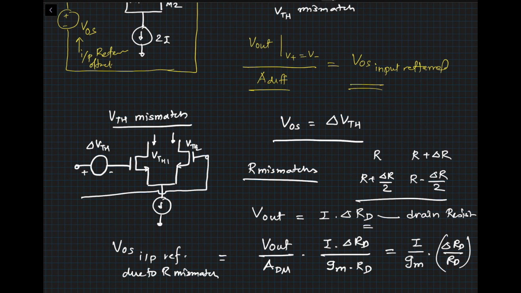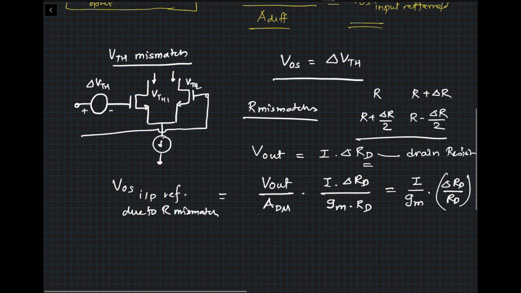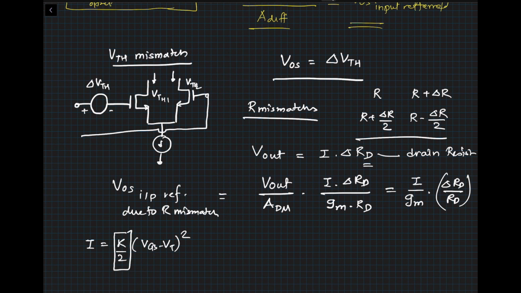Similarly, if you remember the MOSFET equation, I equals K divided by 2 times VGS minus VT squared. Right now I'm just going to assume mismatch in this entire quantity.